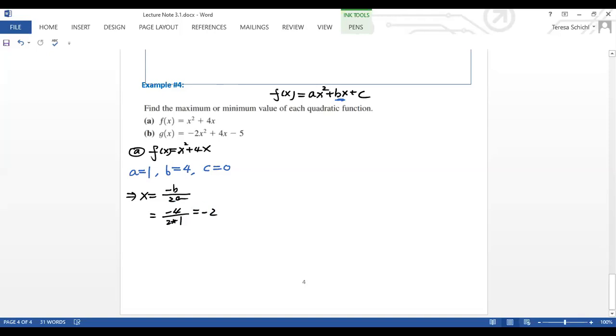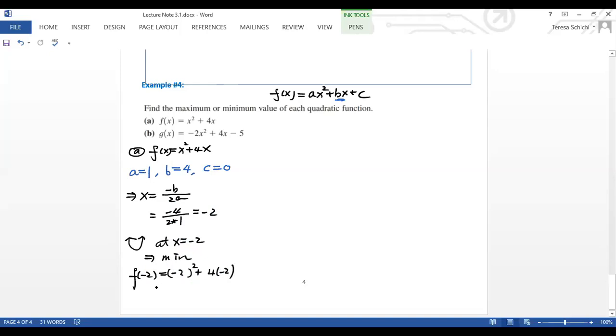Because a is positive, I'm opening upward. So at x equal to negative 2, do we have a minima or maxima? We have a minima. What is the minima value? You just plug negative 2 into your function: negative 2 squared plus 4 times negative 2.